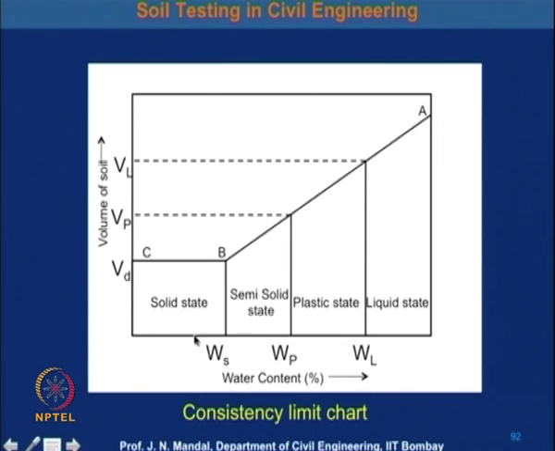When the water content is between the solid and the plastic state, we say it is the semi solid state. When the water content is between the plastic and the liquid limit, we say it is the plastic state. So, this chart shows the consistency of the limits, and when it is beyond the liquid limit, you call it a liquid state.